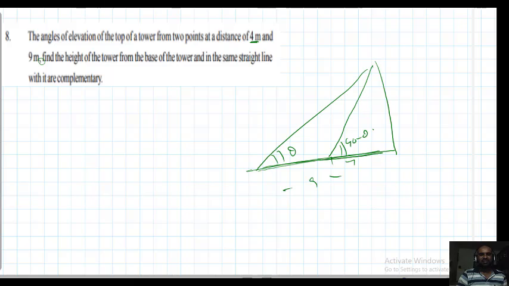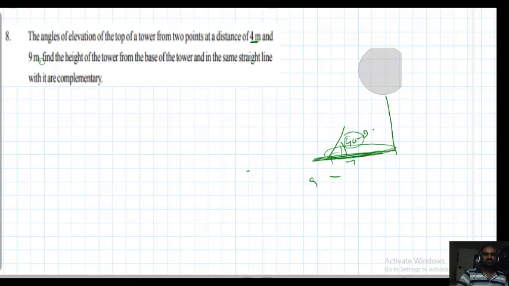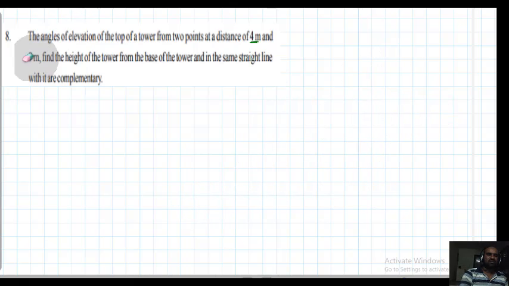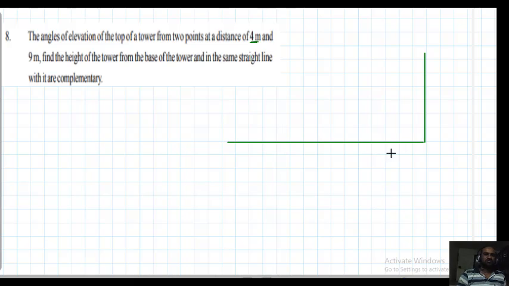This total is 9, this total is 4. These two angles are complementary angles. One is theta means another is 90 minus theta. Then we want to find the height of the tower. That's all. Yeah, this is the tower, this is the ground.